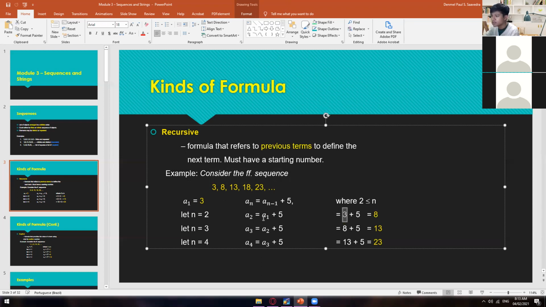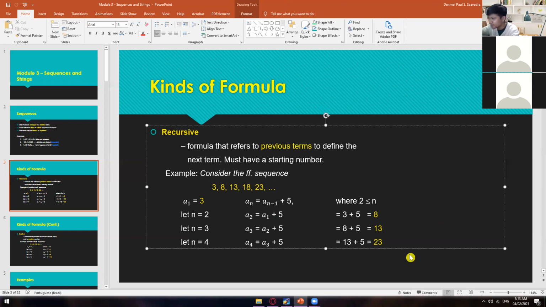So the same with this one, you have to know what is the value of a sub 2 for you to be able to get the a sub 3. So a sub 2 is 8, plus 5 again, which is now 13. So again, for you to be able to know the a sub 4, you have to know the value of a sub 3. So a sub 3 is 13. So 13 plus 5 is equal to 18.